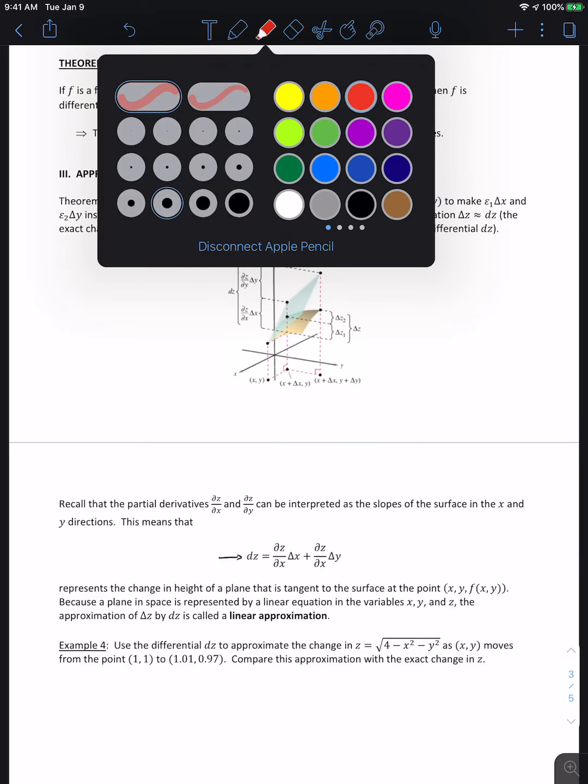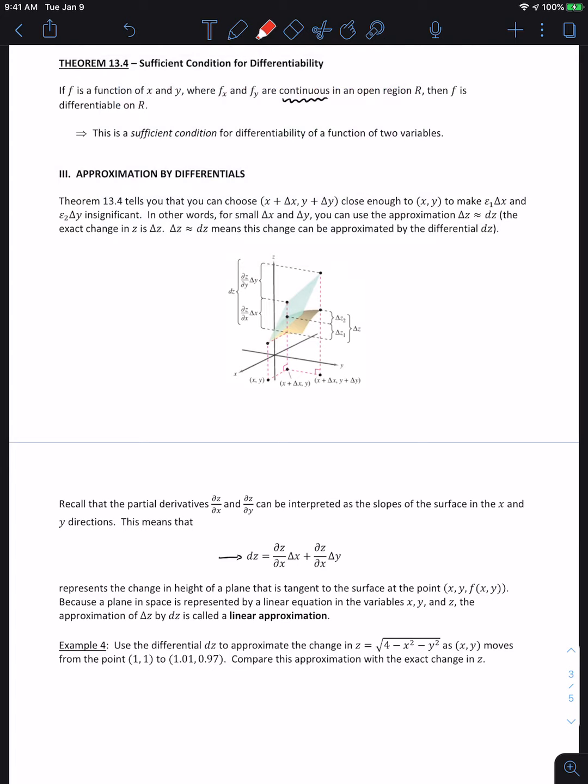So if we look here, this is delta y, this is delta x, and this is delta z. And then here is dz.